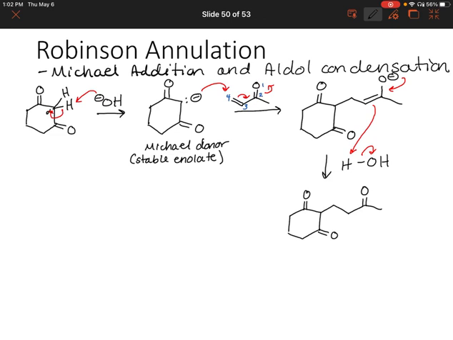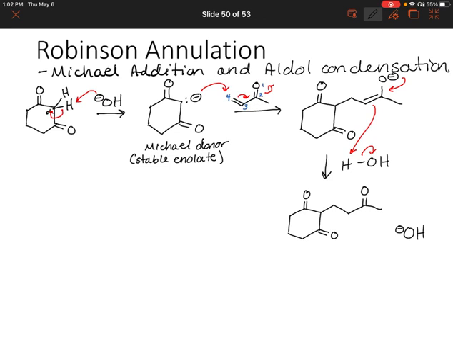Okay, so in this next step, we are going to add more base. So we'll have more hydroxide ions. And this is what's going to give us our aldol condensation reaction. So here, our hydroxide wants to form an enolate.